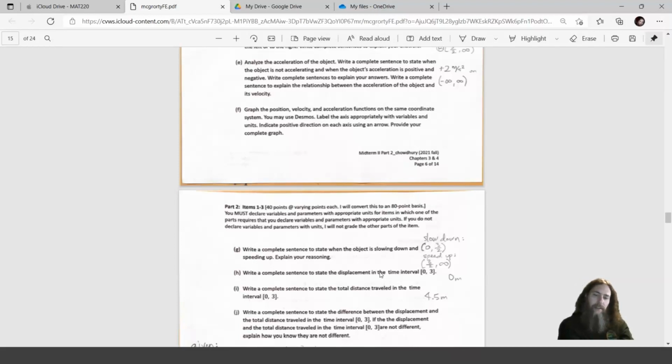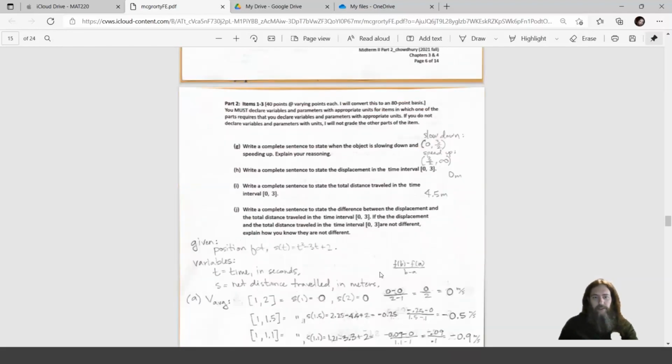So if you got a particle that traveled around the Earth 500 times and stopped in the same spot, your displacement would be 0, but your total distance traveled, of course, would be 500 times the 20,000 miles or so it is around the Earth. So, anyhow, that should cover all those.